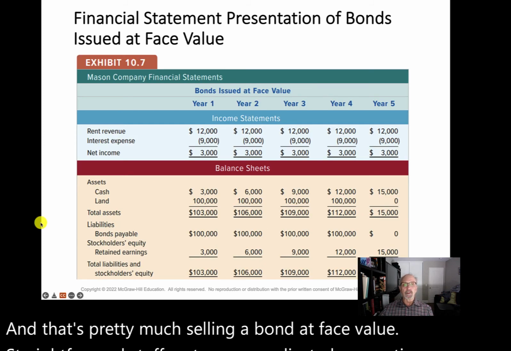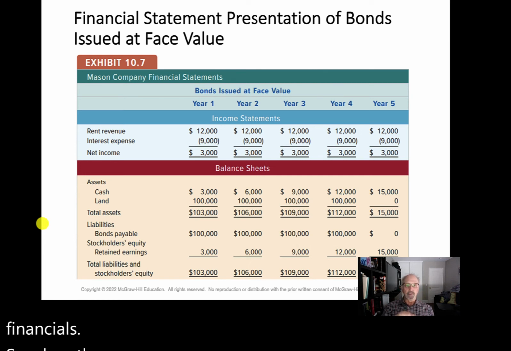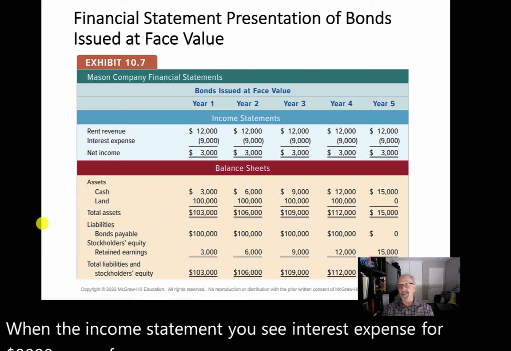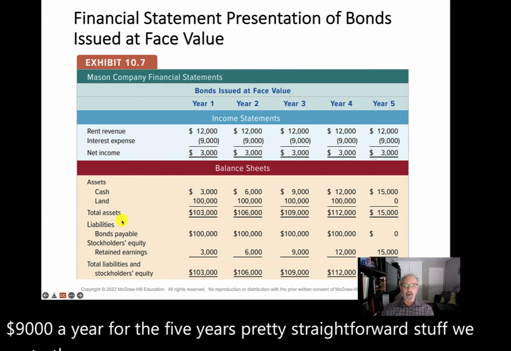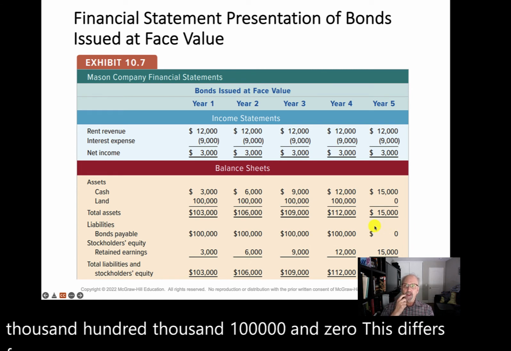Here's the way it looks on the financials. So on the income statement, you see interest expense for $9,000 a year for the 5 years. Pretty straightforward stuff. We go to the balance sheet, and we see bonds payable, 100,000, 100,000, 100,000, 100,000, and 0. This differs from that installment note, doesn't it?